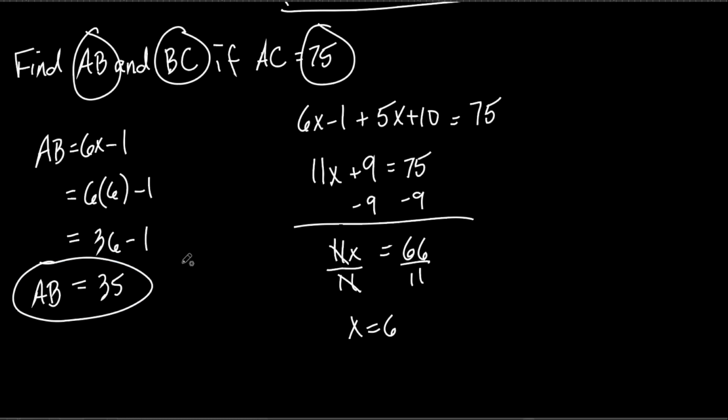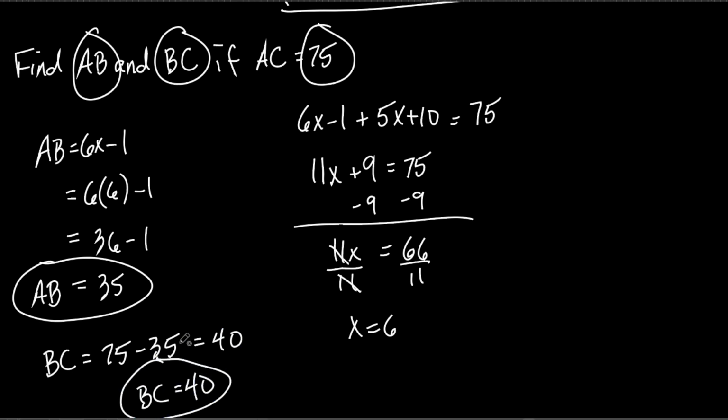Now, you could find BC two different ways. Since AB is 35, the whole thing is 75, what could you do to find the rest of it? Just subtract, right? So I could just go BC equals 75 minus 35, which is 40. And I like to write it all nice and neat: BC equals 40, so I know exactly what I solved for.